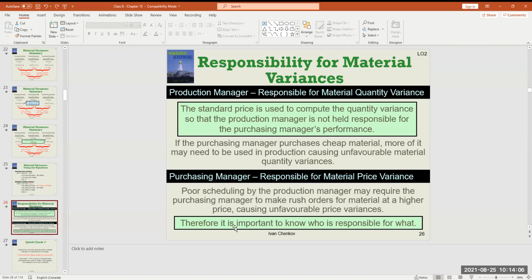Because again, the cost is a function of two components. One is the quantity, the other one is the cost per unit. So buying cheap material not always means that you're going to save overall money. You might end up actually spending more because you have to use more of that material.